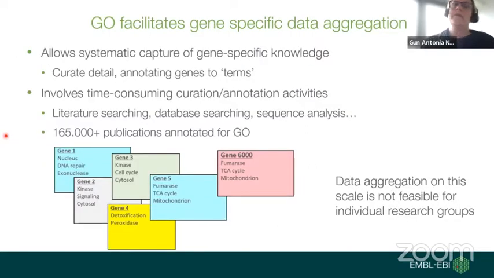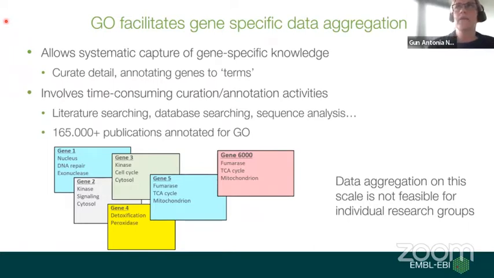So Go facilitates data aggregation for specific genes or individual genes. It allows us to capture gene-specific knowledge systematically. We are curating very detailed information and we annotate genes to these ontology terms.